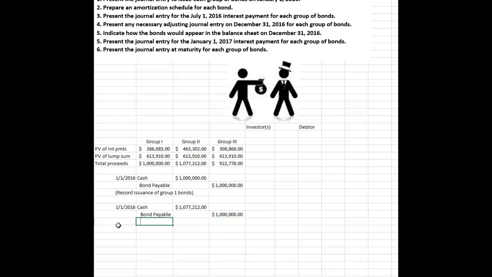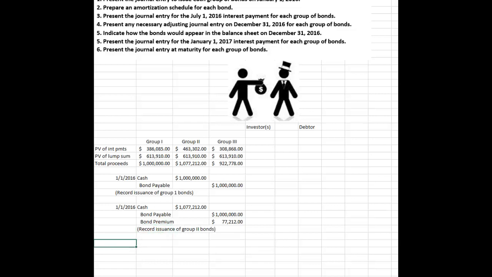And so what happens here is we create this account called bond premium, what we call a valuation account. It's going to be for the difference, because debits have to equal credits: $77,212. So debits equal credits. We'll talk about what we do with that and what it means in the latter parts of the problem. So this is to record the issuance of Group 2 bonds.